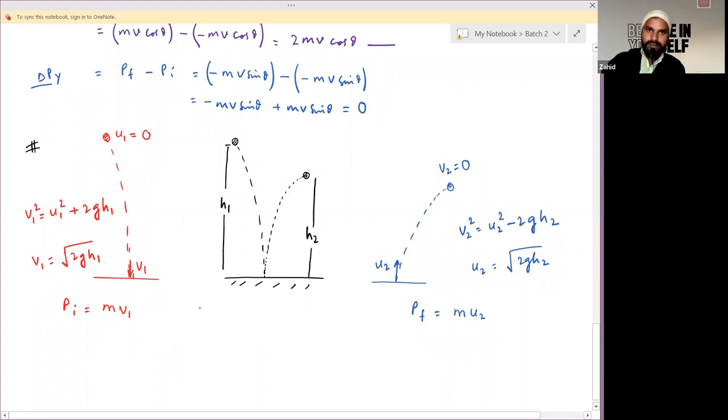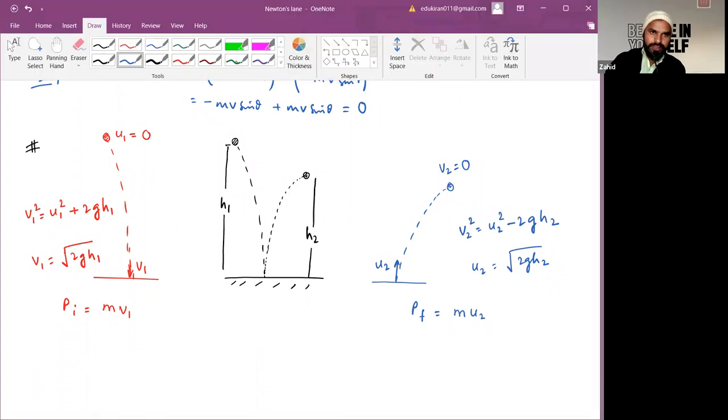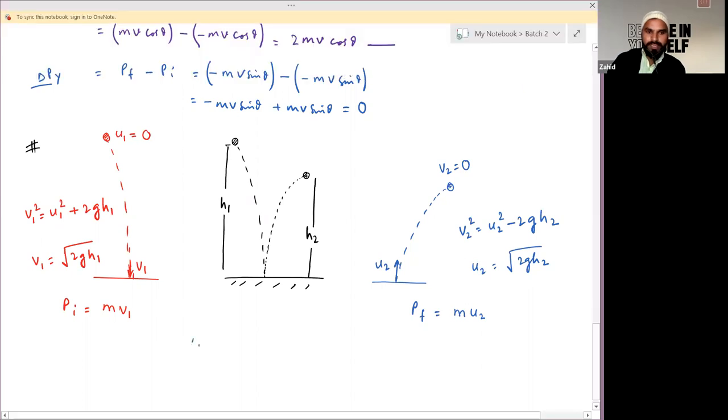Now, if you want to calculate change in linear momentum during this entire process, it should be P final minus P initial. As initial momentum is in negative y-axis and final momentum is in positive y-axis, m times u2 will be positive minus m times v1, which will be negative.